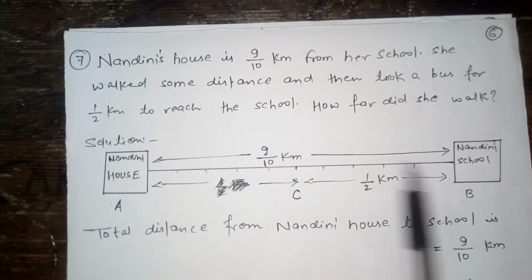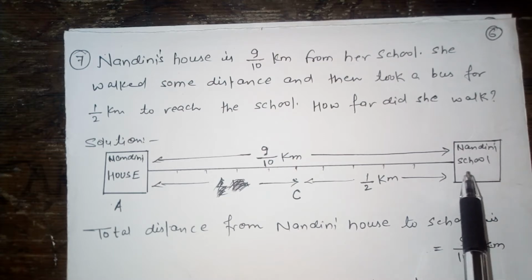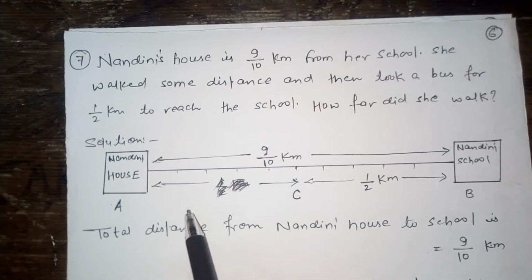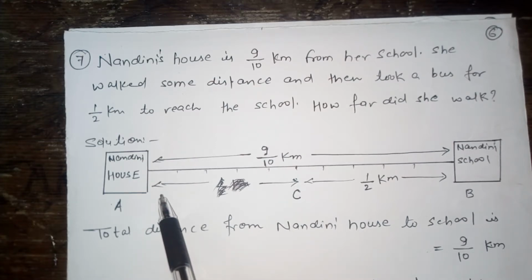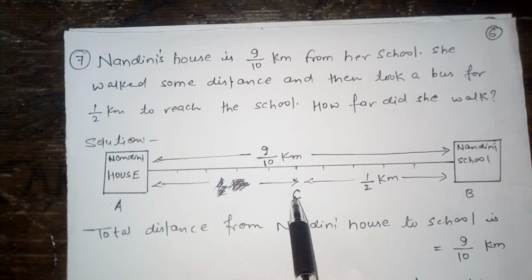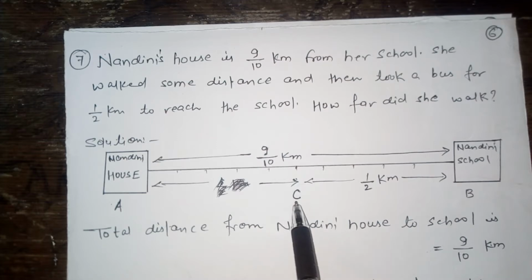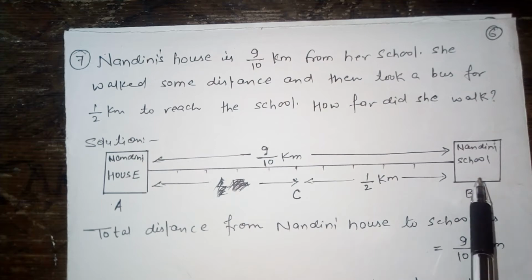Now according to the question, Nandini covered some distance by walking, and then after that Nandini took a bus and reached the school.